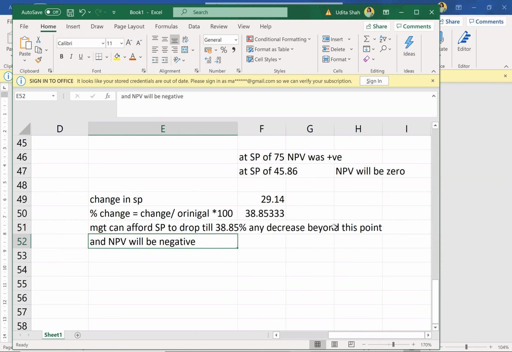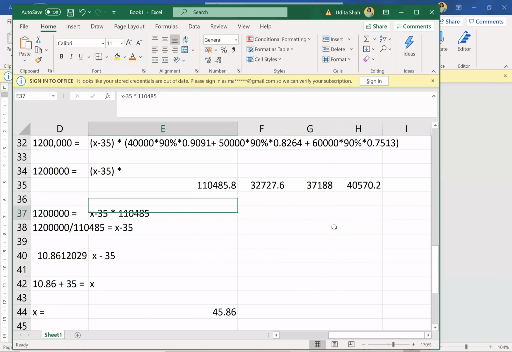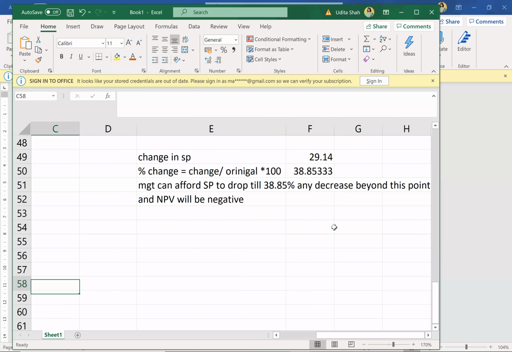See if you understood. And should we go ahead with the second one now? Should we go ahead with the cost per unit? Okay. So second one, cost per unit.